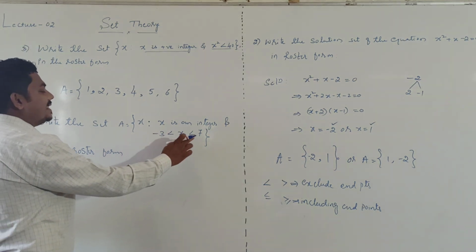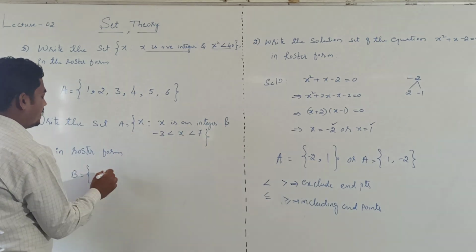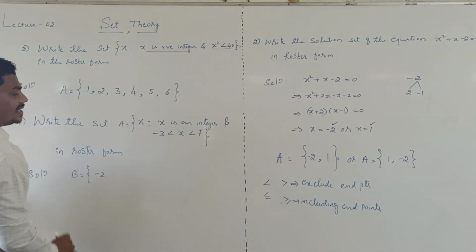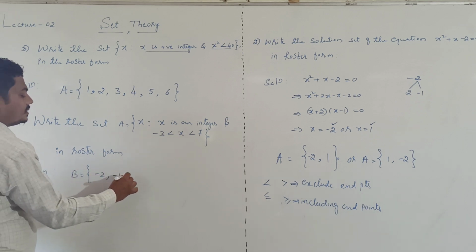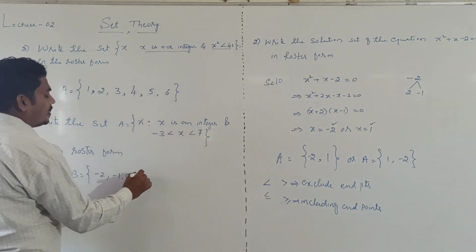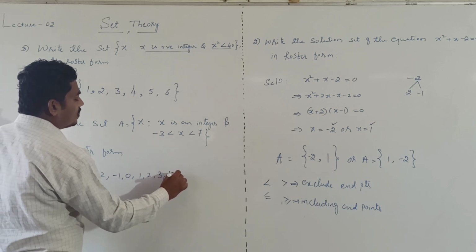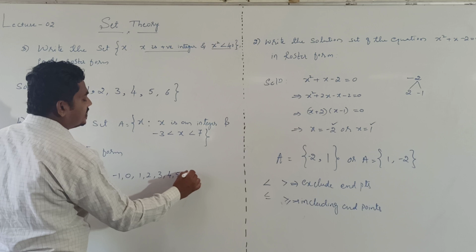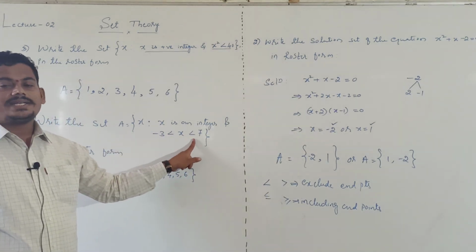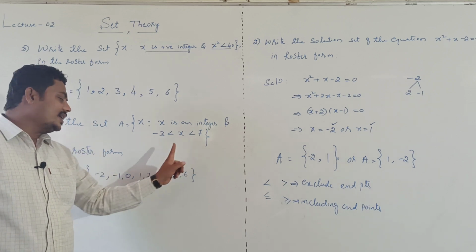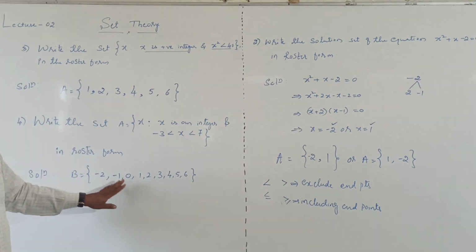Write all the integers between -3 and 7. -3 means, -2, greater than -3, -1, 0, 1, 2, 3, 4, 5, 6, 7. 7 is not possible because strict inequality means excluding the endpoint. This is our required set in roster form.